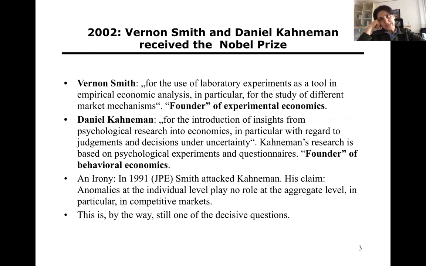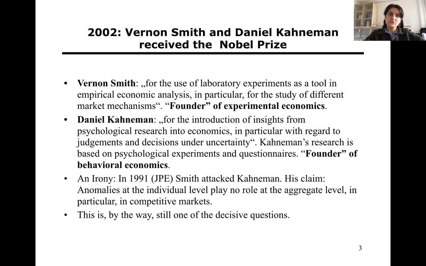We are going to see in the second part, in chapter 2, while explaining market experiments, in more detail how he contributed to the analysis of markets. This is the reason why he obtained the Nobel Prize.